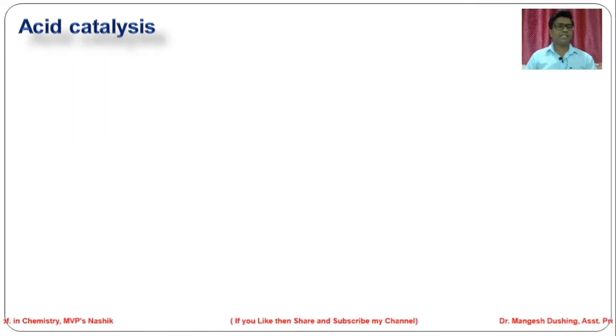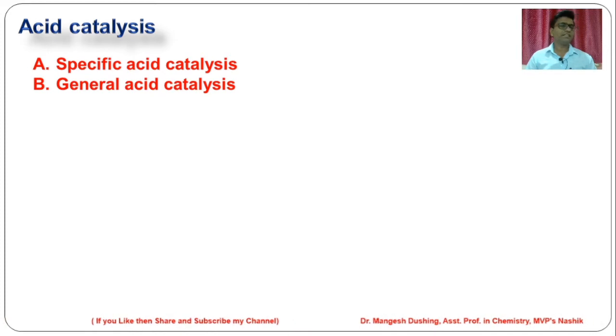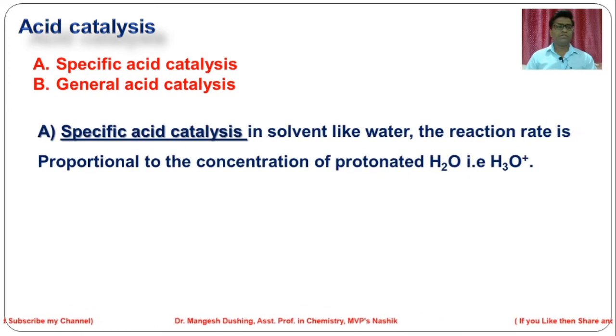First we will see acid catalysis. Acid catalysis is of two types. Similarly, base catalysis is also of two types, that is specific acid catalysis and the second one is general acid catalysis. We will see first specific acid catalysis.